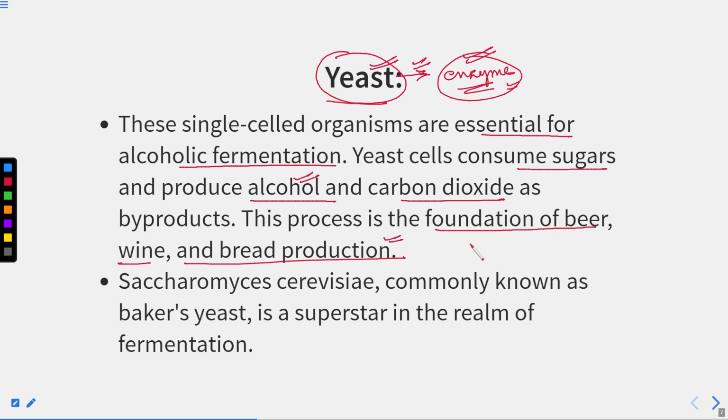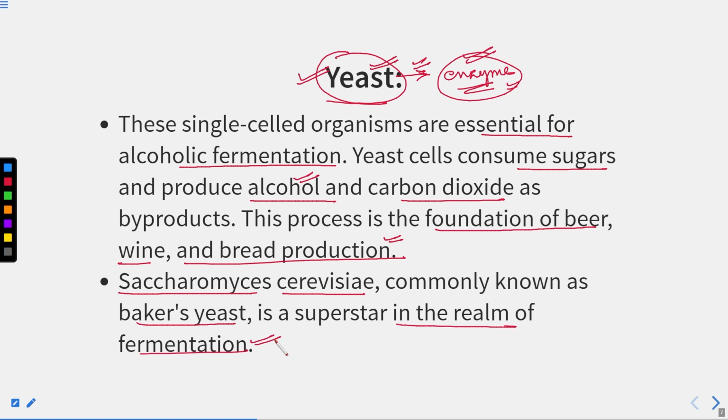So now we have a bakery industry, we have a liquor industry, right? Brewery, so many industries, and behind those industries, what is there? Yeast. So yeast is very, very important. Saccharomyces cerevisiae is the scientific name of this yeast, commonly known as baker's yeast, and it is the superstar in the realm of fermentation.